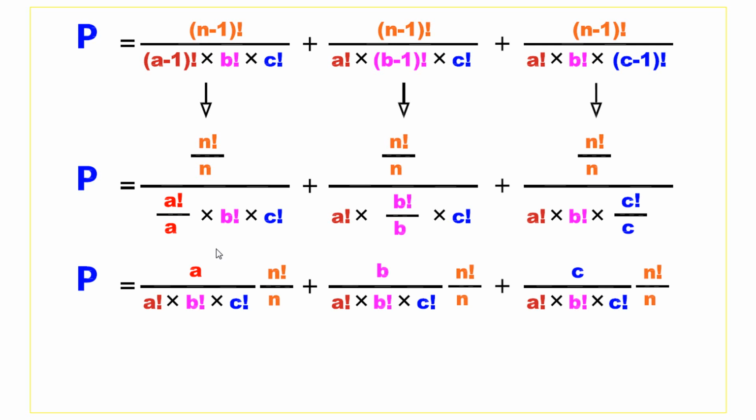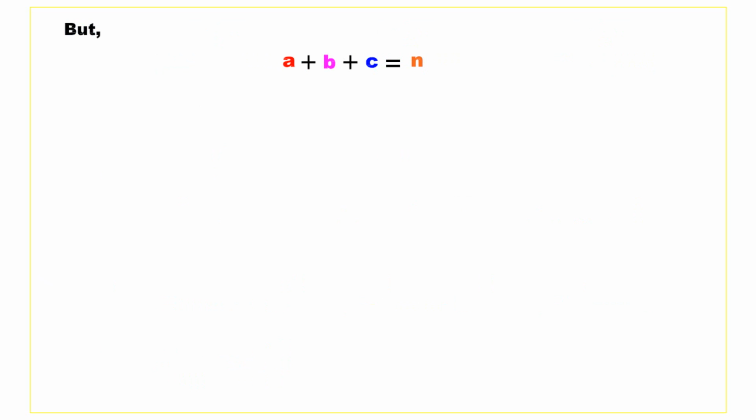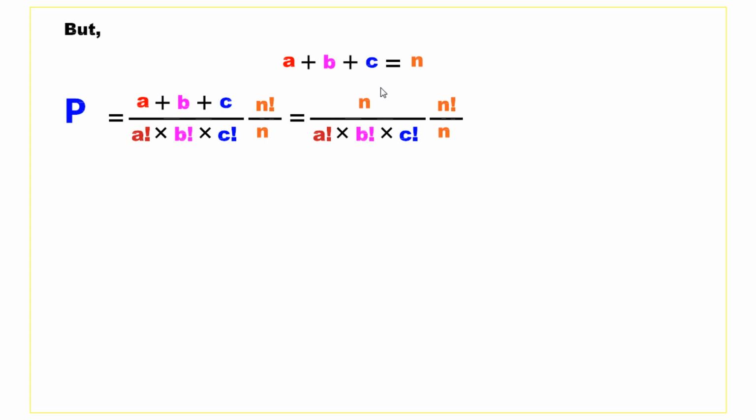And we notice that now we have the same denominator, so we add the numerators here, but we notice that A plus B plus C is equal to n. So we replace the sum with n, and now we can cross off n from the numerator with n from the denominator to get exactly the same formula as before.